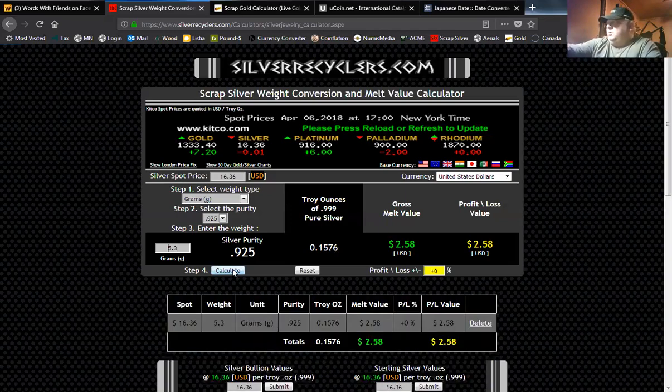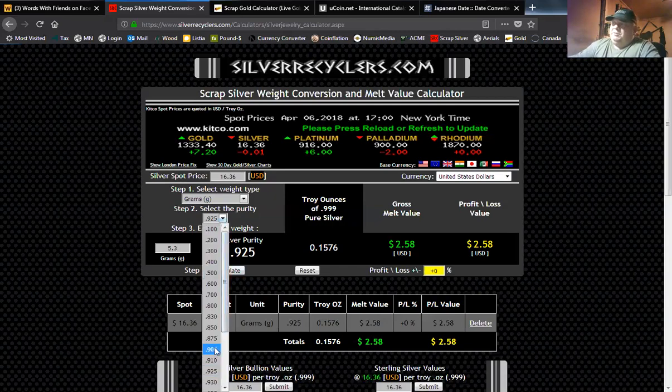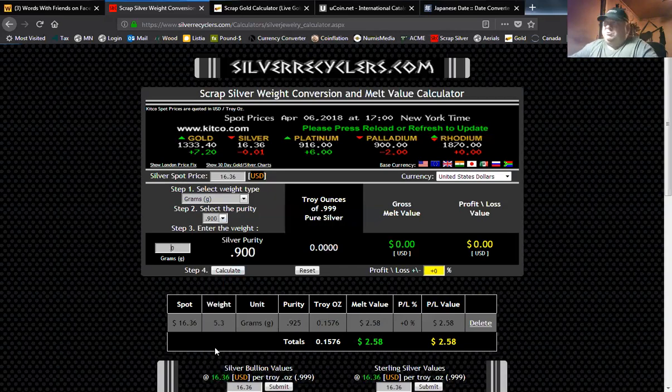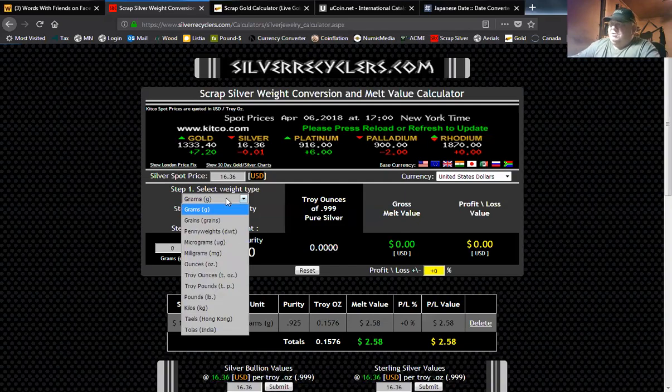And the melt value is $2.58 for 5.3 grams of sterling silver ring, 0.925, or even silverware that's sterling. Now, coin silver, on the other hand, is 0.900, which is 90% silver, which is what they call coin silver. And that changes it drastically, because now it's going to be less than the $2.58.